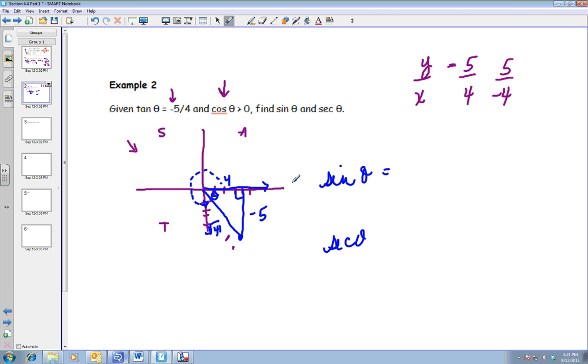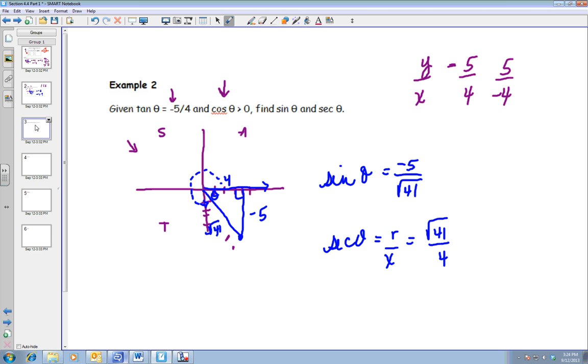So my y value is negative 5, and my r value is the square root of 41. We're not going to rationalize. Secant theta is r over x. So my r is the square root of 41, my x value is 4. And we'll do another example like this in your homework.